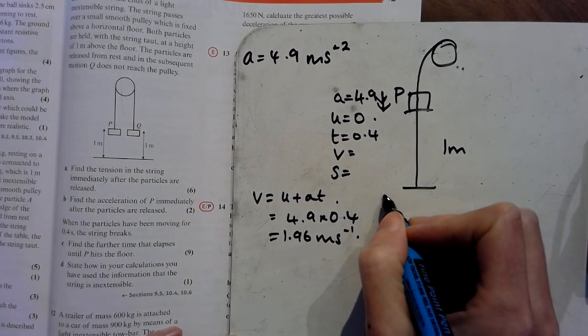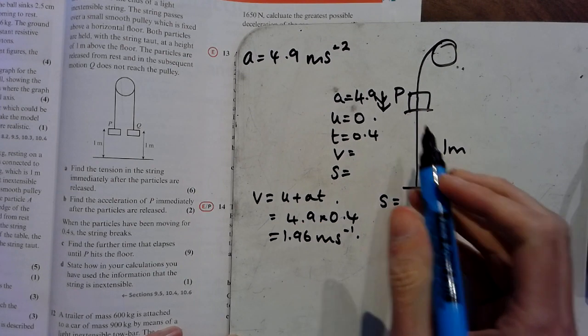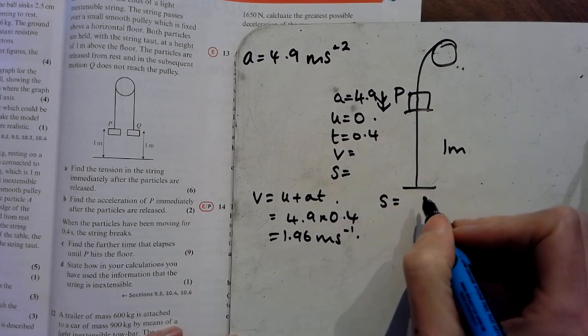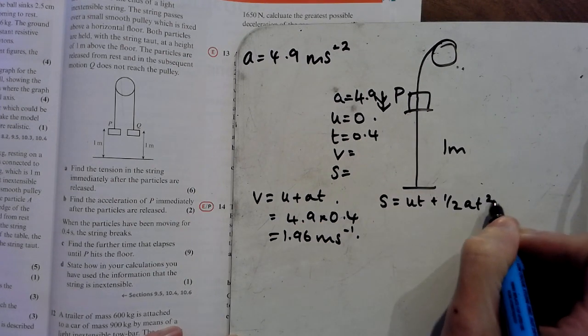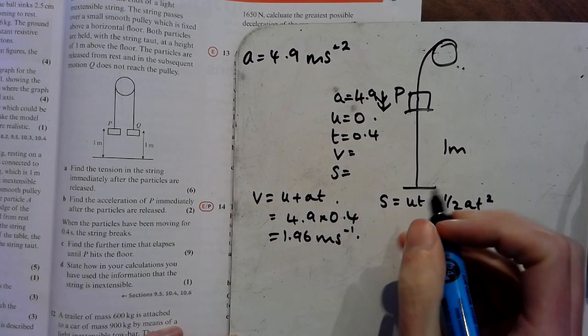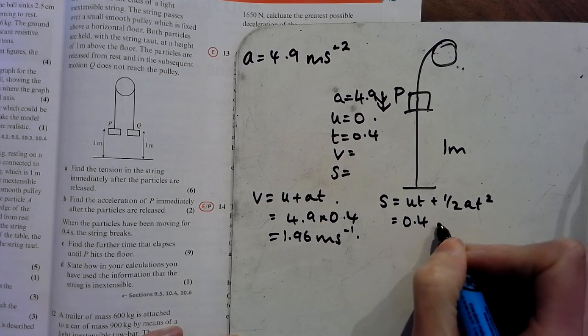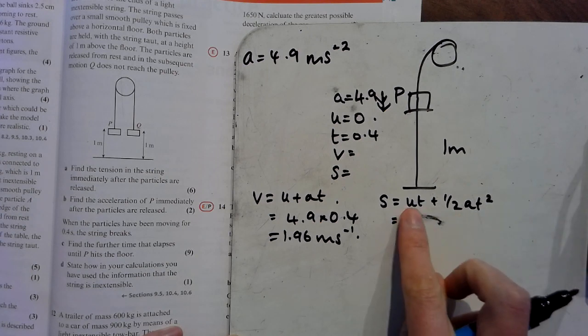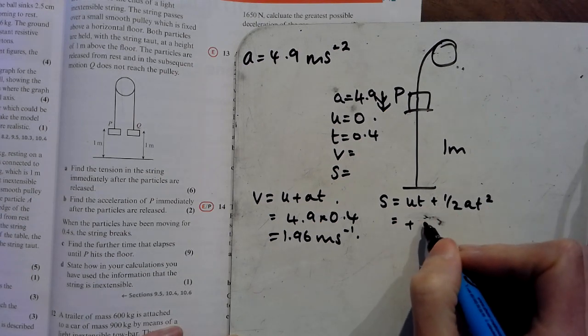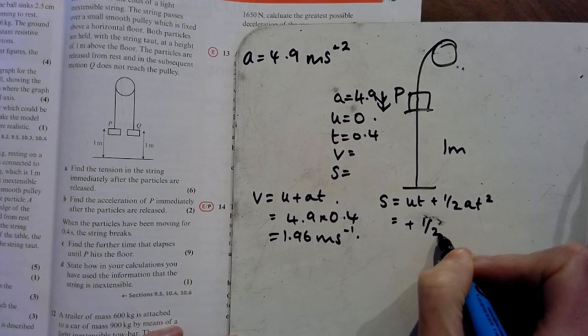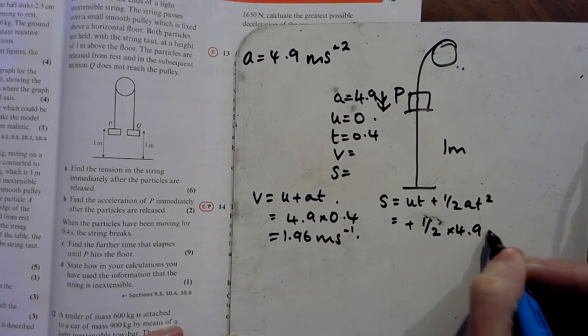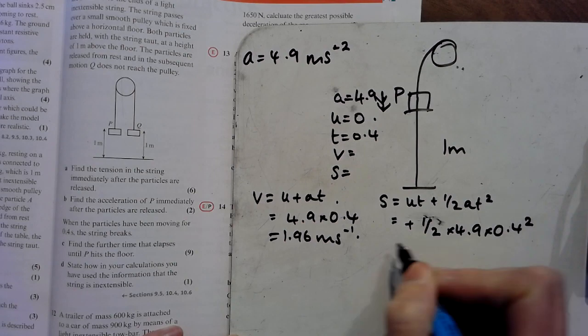And then how far did it go in that time? I would use s equals ut plus half at squared. So u was 0, t is 0.4, so 0 times 0.4 is 0, plus a half times 4.9 times 0.4 squared.